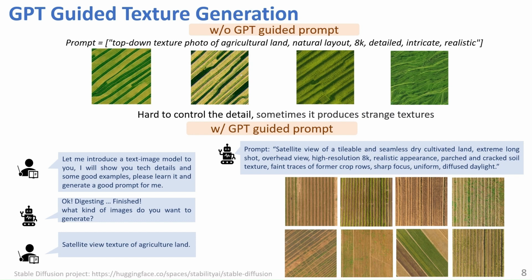Then we had GPT-4 create high-quality prompts based on 13 subjects, and we found that the textures generated by these prompts were much better in both diversity and detail than those from manually designed prompts.